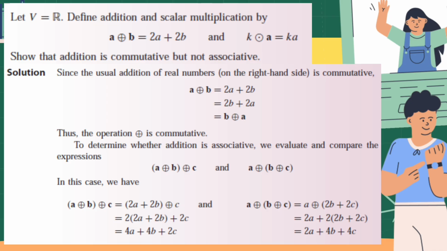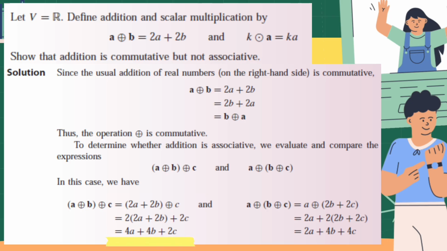Next, check the associativity. For associativity, you interchange the groups. You have a plus the quantity b plus c on one side, and the other one is a plus the quantity of b plus c. In this case, the quantity a plus b, plus c is equal to 2 times the quantity a plus b, plus 2c, and then simplify, that is equal to 4a plus 4b plus 2c.